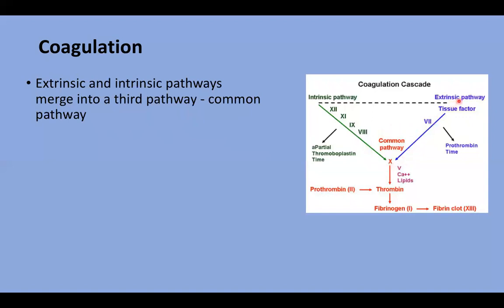And so the extrinsic pathway leads to the common pathway, the intrinsic pathway leads to the common pathway. And it's the common pathway that is going to end with the conversion of the inactive fibrinogen into the active fibrin, which is going to be responsible for forming the blood clot.